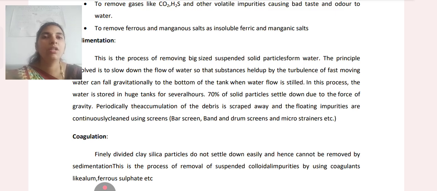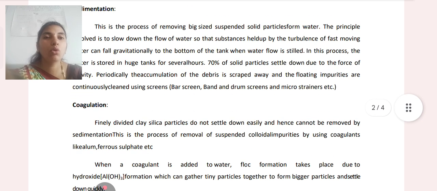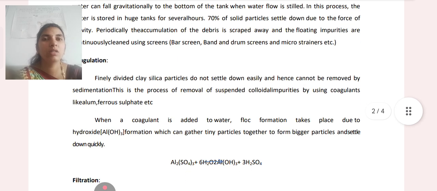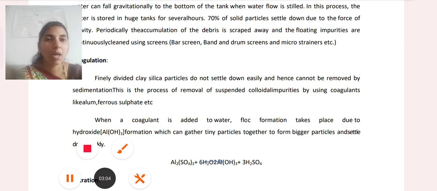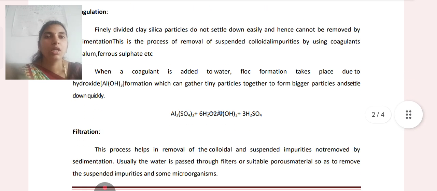Coagulation. Finely divided clay and silica particles do not settle down easily and hence cannot be removed by sedimentation. Coagulation is the process of removing suspended colloidal impurities by using coagulants like alum, ferrous sulfate, etc. When a coagulant is added to water, floc formation takes place due to formation of aluminium hydroxide, Al(OH)3, which gathers tiny particles together and settles down quickly.